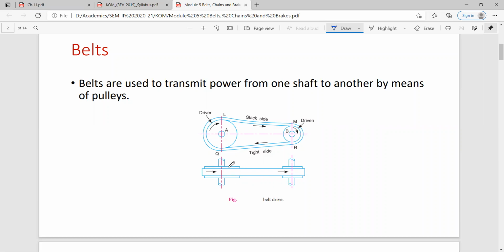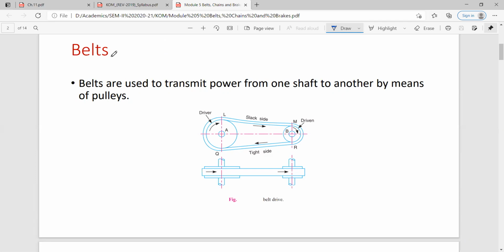In that case, you do not prefer gears, you go for belts. So that is one important point about belts. What are the other power transmitting elements apart from belts? There are chains, which you find in your automobiles and two wheelers.